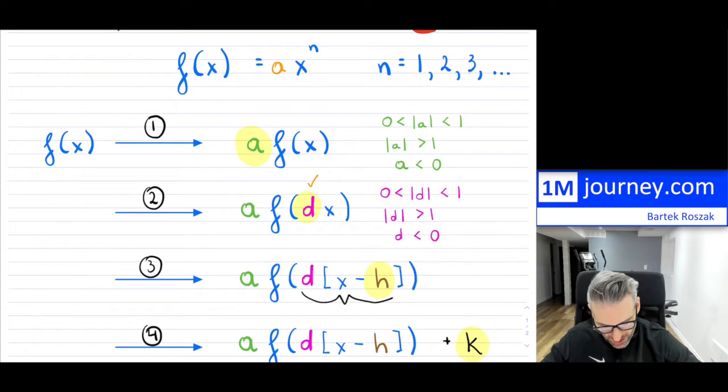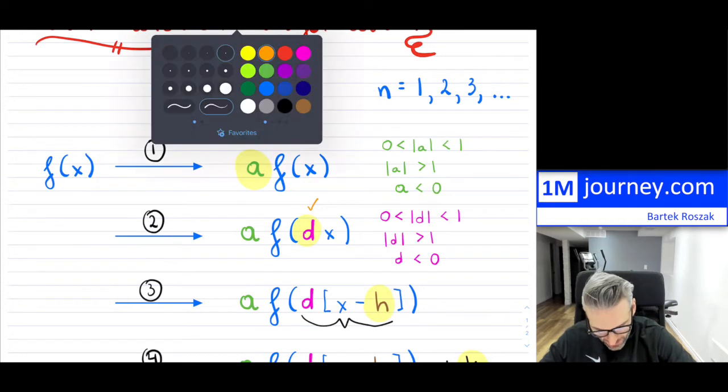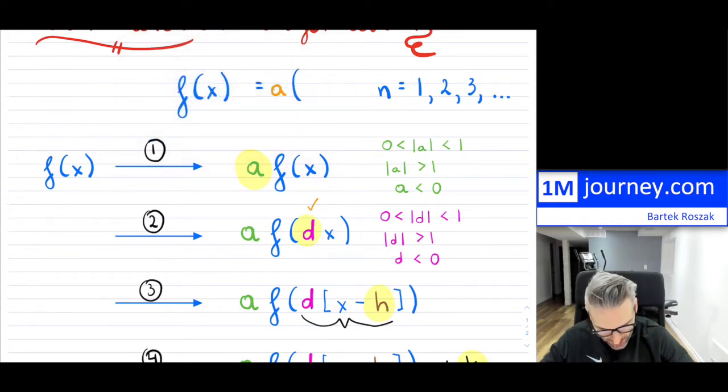And how this looks, if I rewrite it, we'll have our a, and then we're going to stick in here our d, our x, and then this is to the n. So this is our d right here that we are sticking in there.